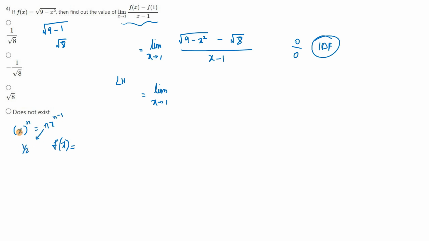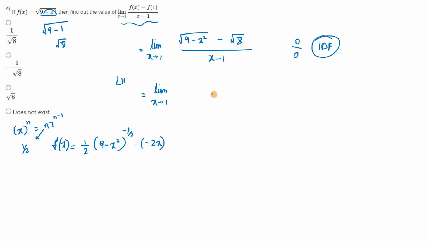In place of x we have 9 minus x square. So we'll have 1 by 2 into 9 minus x square to the power 1 by 2 minus 1, that is minus 1 by 2, and into the differentiation of this, that is minus 2x. This is f dash of x.